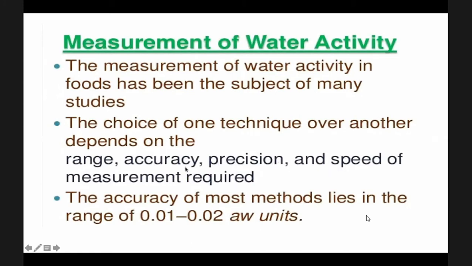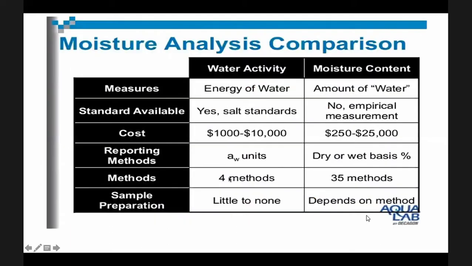Speed of measurement required is very important, especially if you are working in manufacturing plants, right? In processing plants, because it's urgent, the analysis of quality should be timely. So you have to consider also speed when choosing a technique or method. Next, the accuracy of most methods lies in the range of 0.01 to 0.02 water activity units.